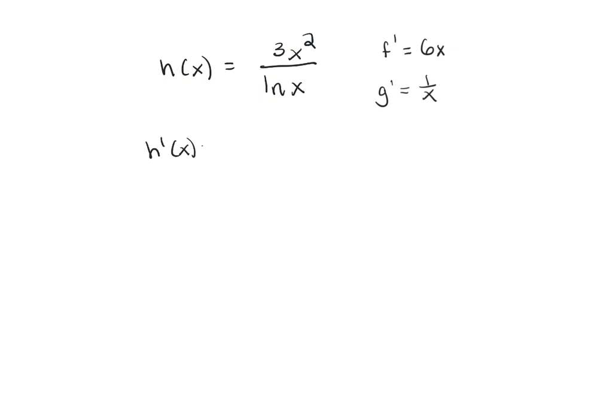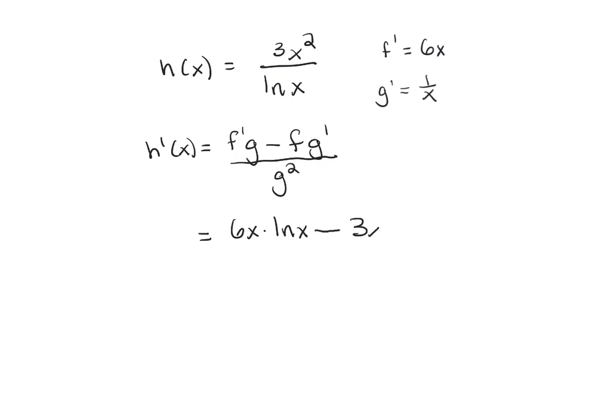So the derivative of h, one more time: derivative of the first times the second, minus the first times the derivative of the second, divided by the second squared. So the derivative of the first is 6x times the second, natural log of x, minus the first, 3x squared, times the derivative of the second, 1 over x, all over the natural log of x squared.